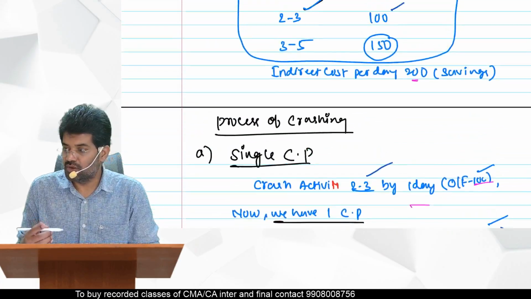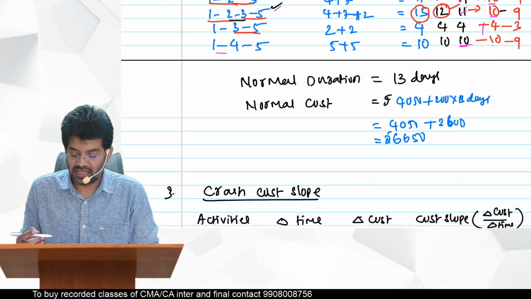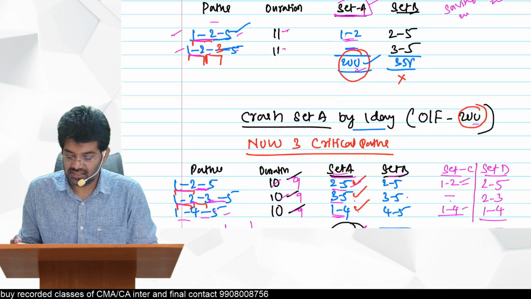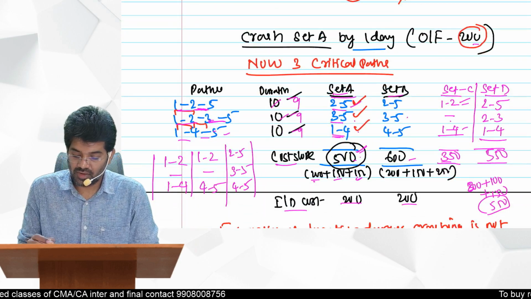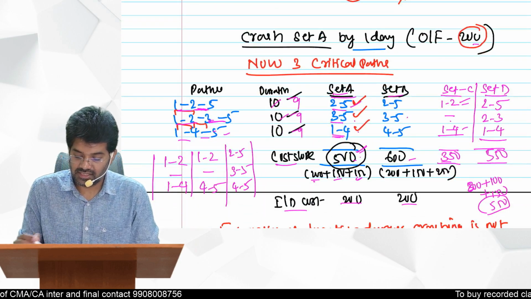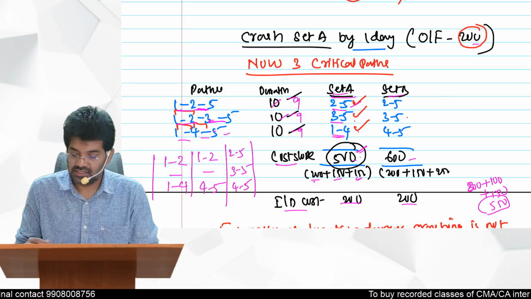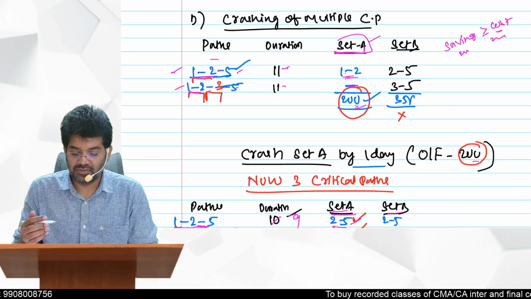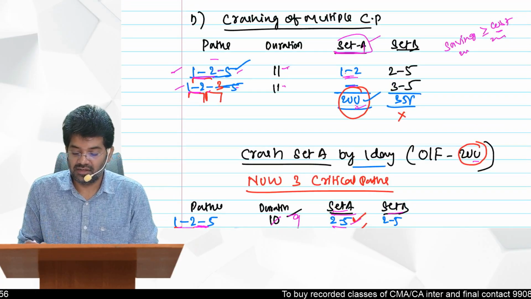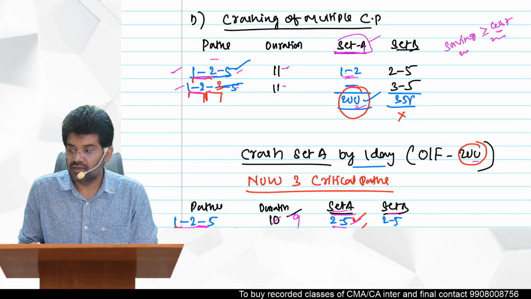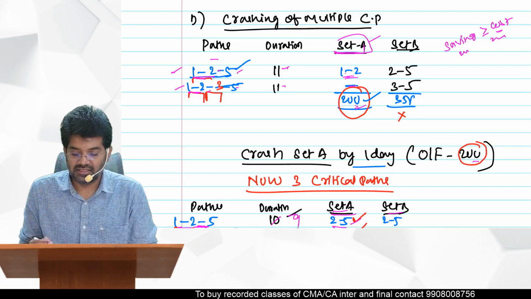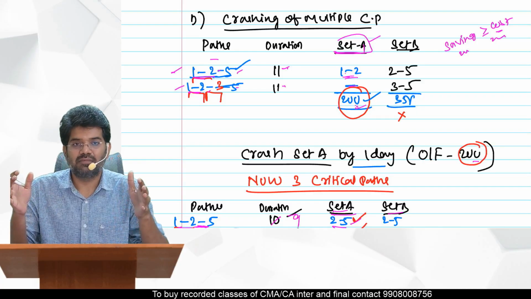Go back and check 1 to 2. Why is that set, that combination, not taken here? The reason is, prior to this we had three critical activities, and now we have 2 critical activities. There, 1 to 2 we have crashed by 1 day. What is the maximum crash time of 1 to 2?